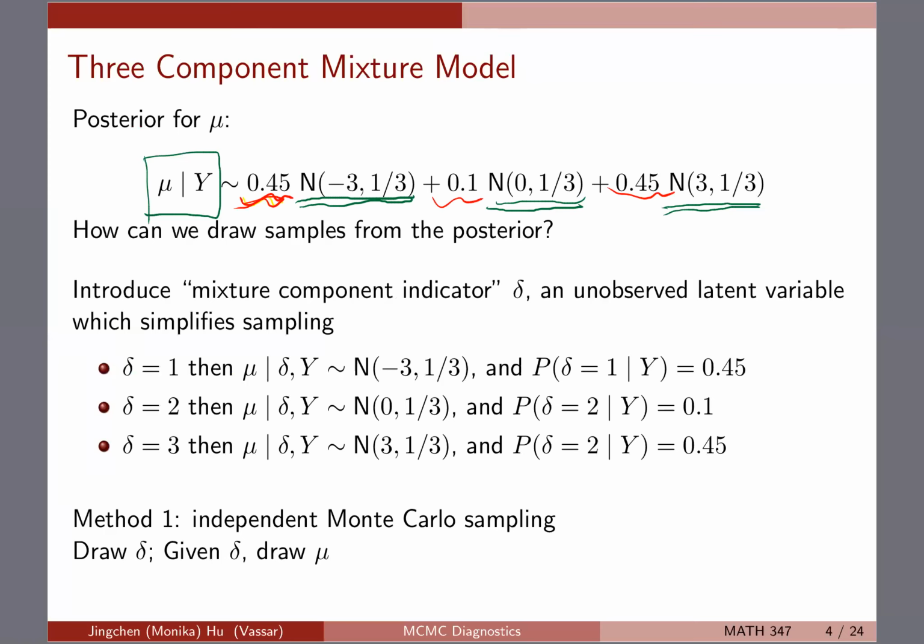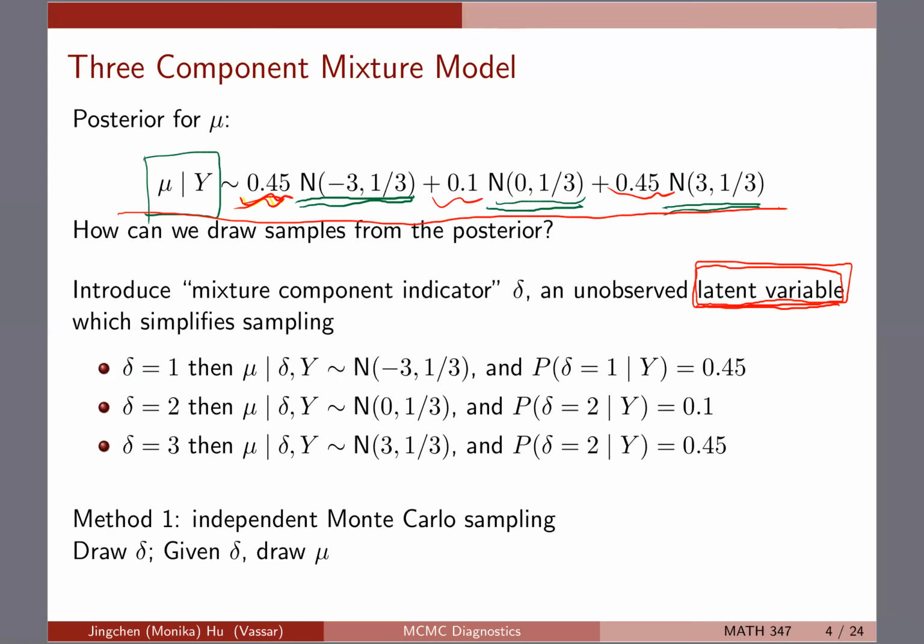Something very useful to do, which is going to be the topic of the next chapter, is to think about it in terms of a latent variable. So think about how you're going to draw this. If I tell you that this is the truth, and I ask you to use Monte Carlo approximation, what are you going to do?